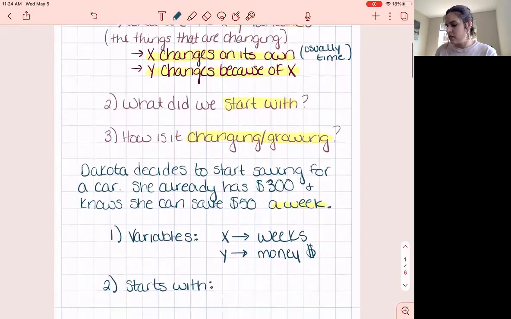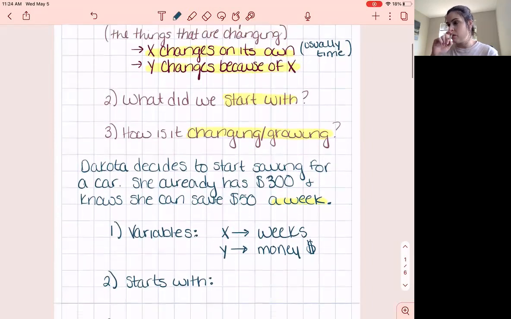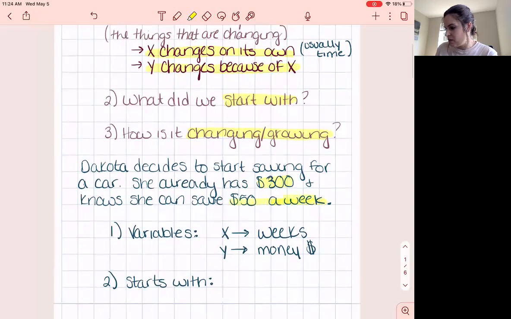So the next thing we need to know in order to be able to write our rule is, what does this story start with? Well, I would probably go in my story and highlight some things. So she decides to start saving for a car. She already has 300. Whenever you see the numbers, go ahead and highlight them. So we have $300 and $50 a week are the important pieces of this. That will help us, right?